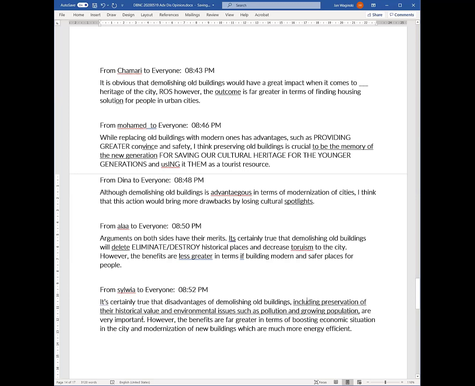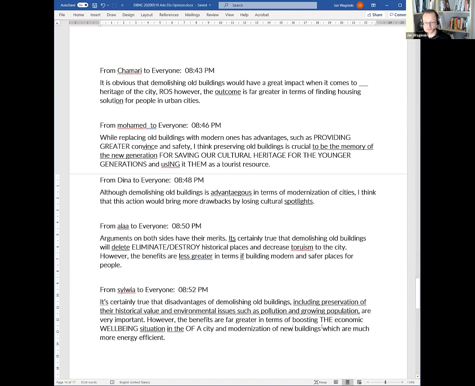Are very important in terms of boosting economic well-being of a city, because we're just talking about cities in general. Modernization. However, the benefits for boosting economic well-being of a city and modernization of new buildings, which are much more efficient.